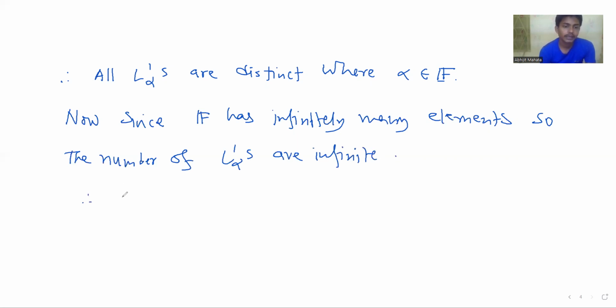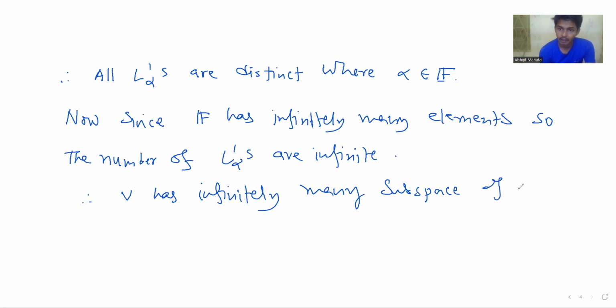So V has infinitely many subspaces of dimension 1. So basically here we have done the theorem; this problem is proved.